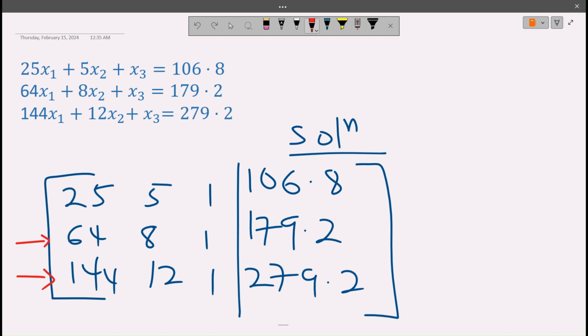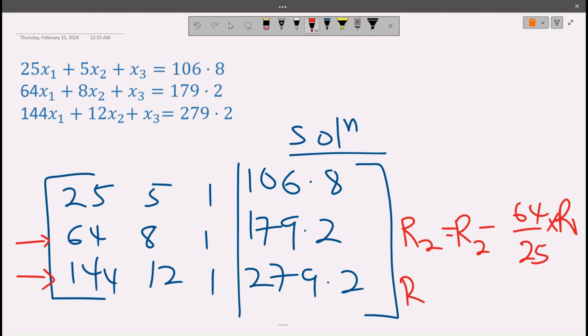So for row 2, our multiplier is 64 over 25 times row 1 subtracted from row 2.